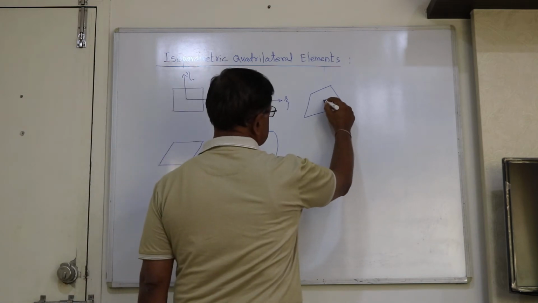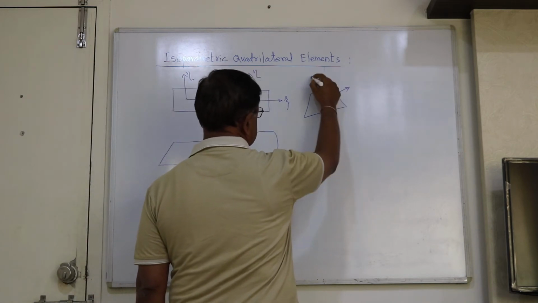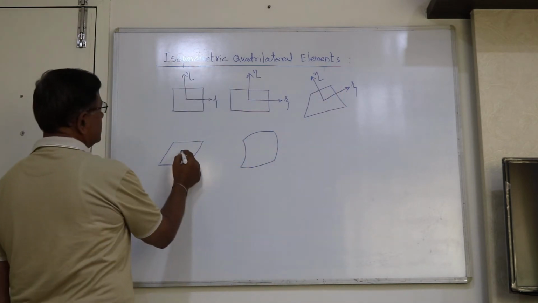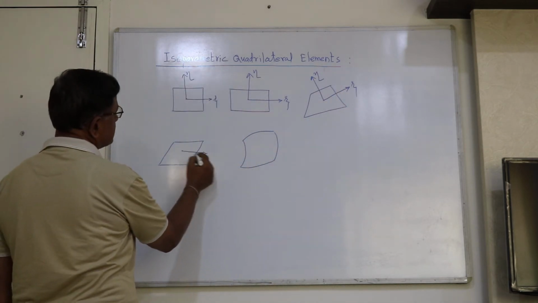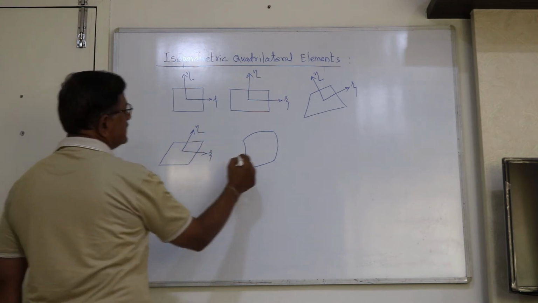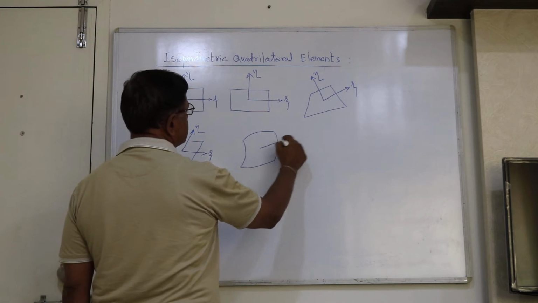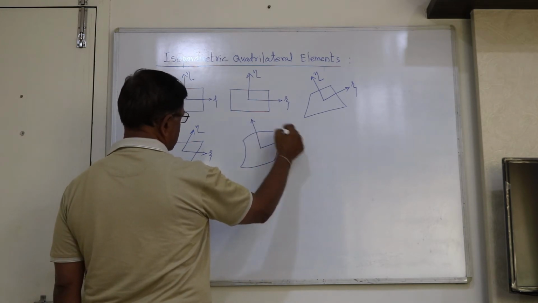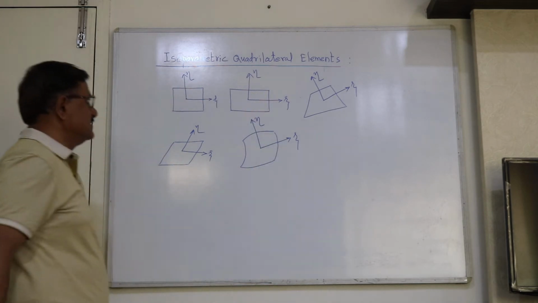For the trapezoidal element, the coordinate system will be like this. Again, for this one, we have to consider the coordinate system this way. And this is the four-sided element with curved boundaries. This is the xi coordinate, this is the eta coordinate.